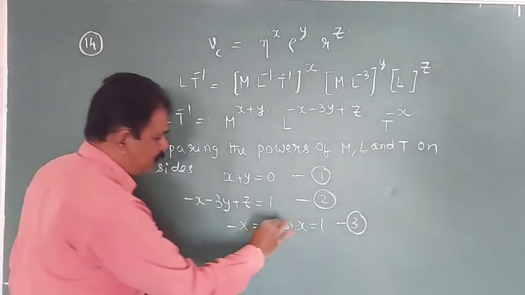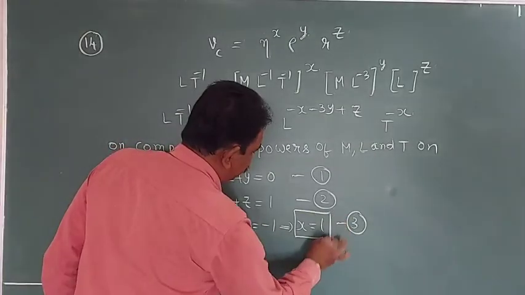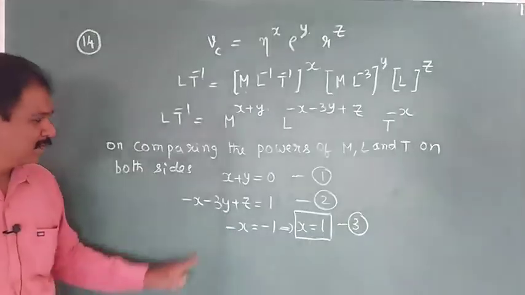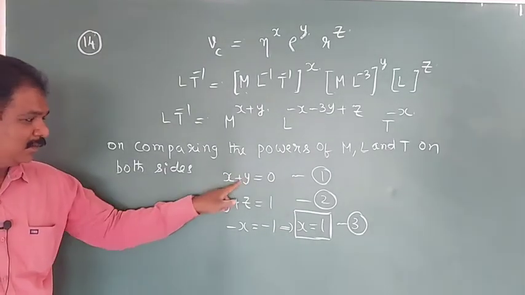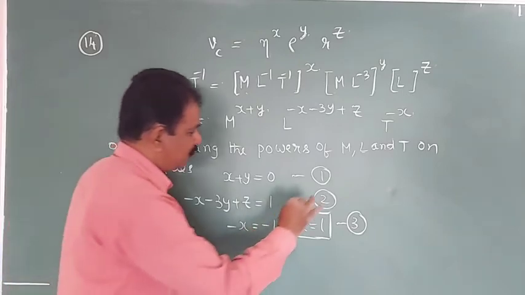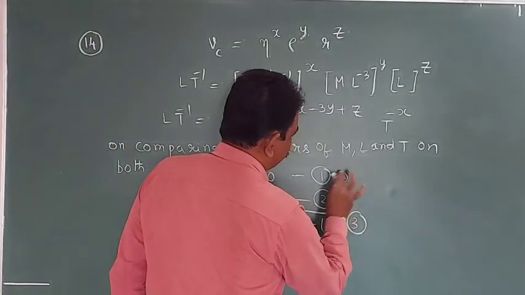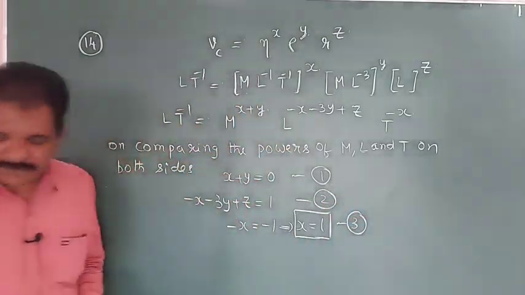So we got the x value. From this, y is equal to how much? Minus x. Write one more step.